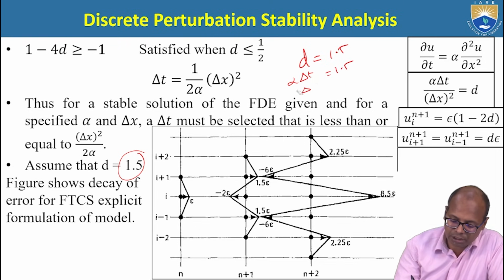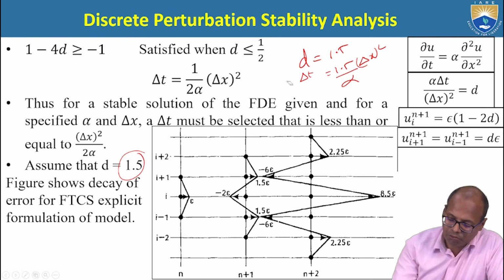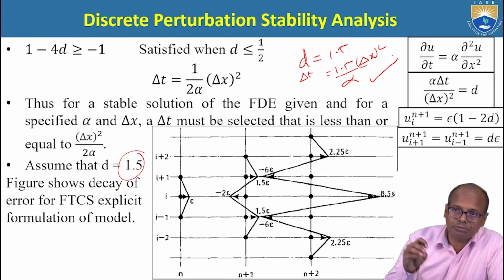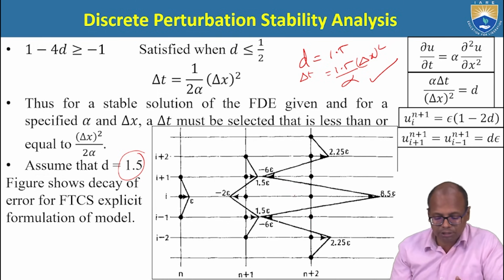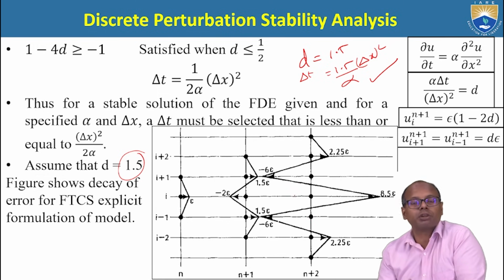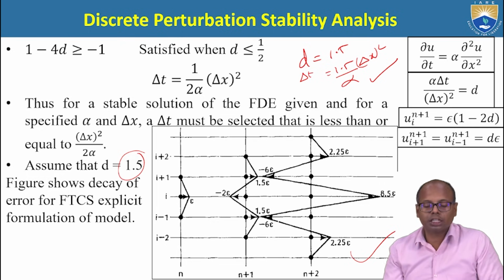Taking this to the other side, delta t will be 1.5 times delta x whole square, divided by alpha. So for a given delta x value, I am taking a delta t value from this relation, and if I take this, the error is increasing and fluctuating, so it is not a stable solution.